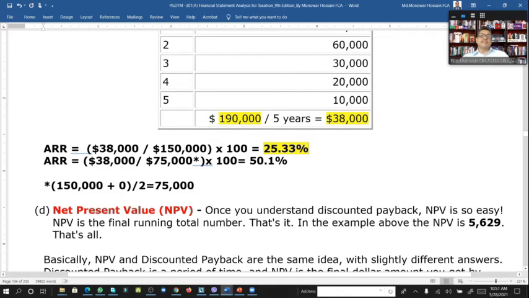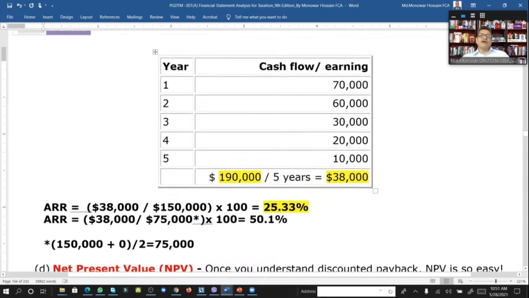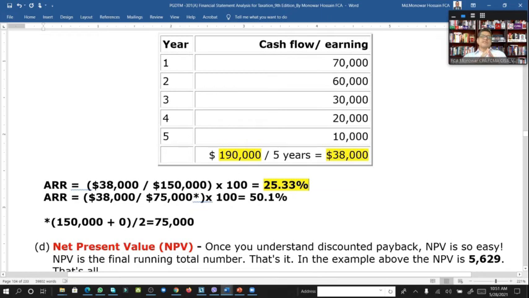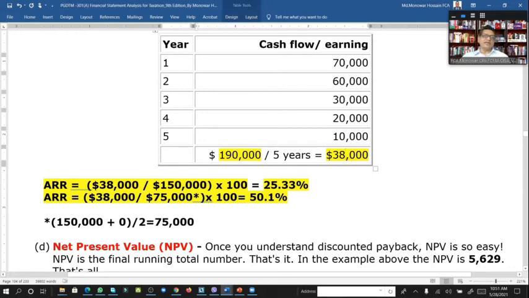So what would be the average rate of return? Average rate of return is average income divided by average investment, multiplied by 100. We also calculate this way. Look here, this is the accounting rate of return, and we can also say average rate of return, calculated this way. How? This 30,000 is the average earnings per year divided by average investment.